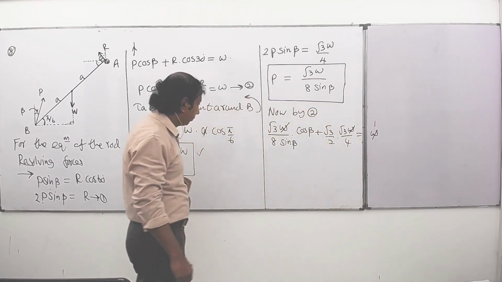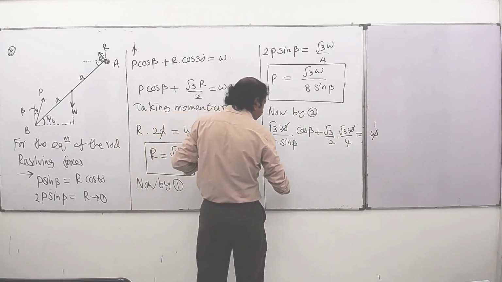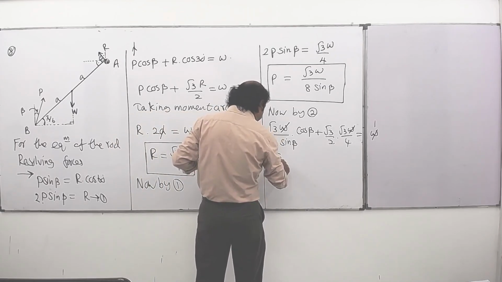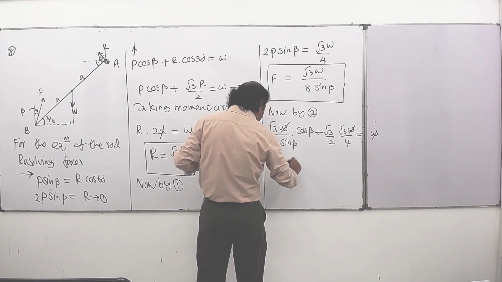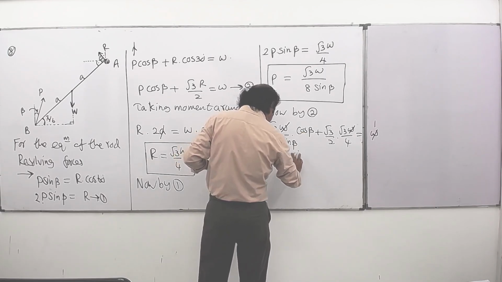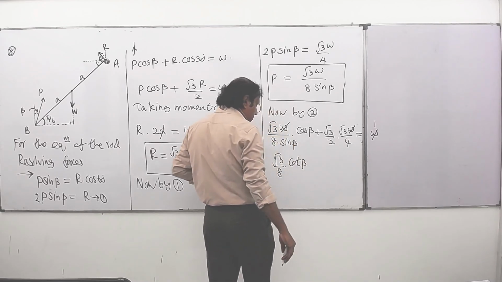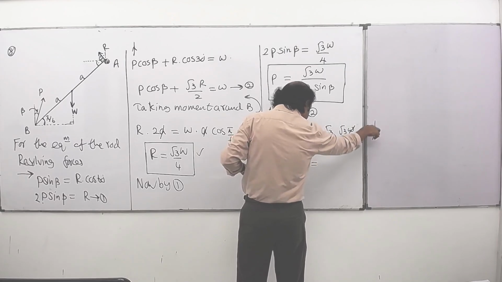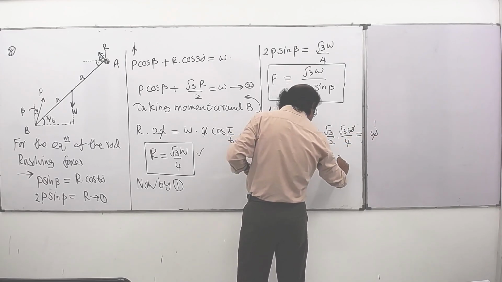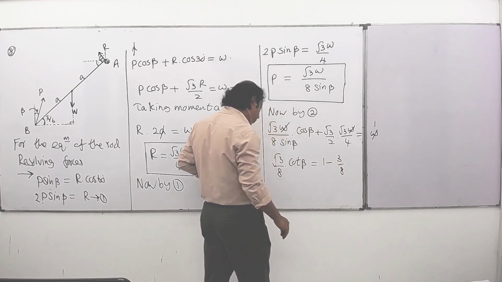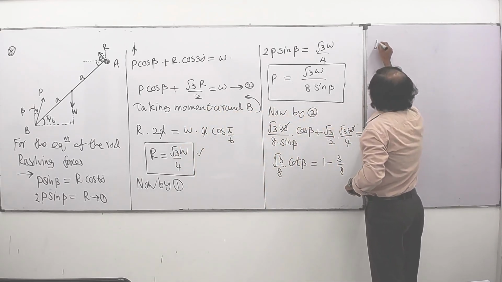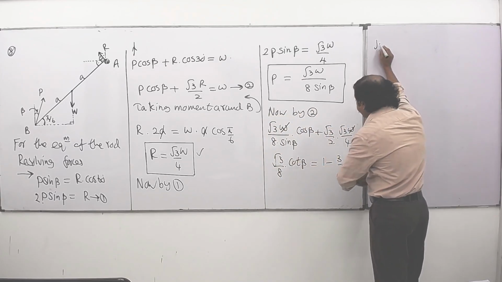Then here we can take root 3 by 8 cos beta by sine beta. It is cot beta. Here we have 3 by 8. Take to the right hand side, where the right hand side we have 1. Now multiply both sides by 8.